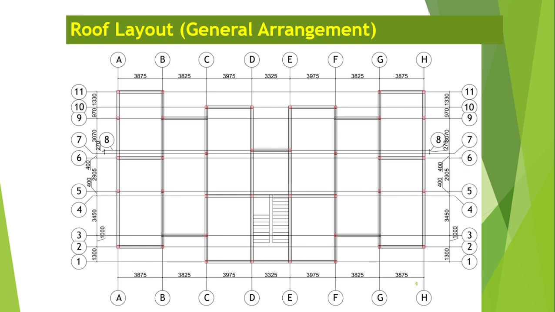I decided to make sure that the floor layout and the roof layout are almost the same. Like, not almost, they are the same. There is not much to change here. So it's actually the same thing. The difference might be in the properties of some of the elements.